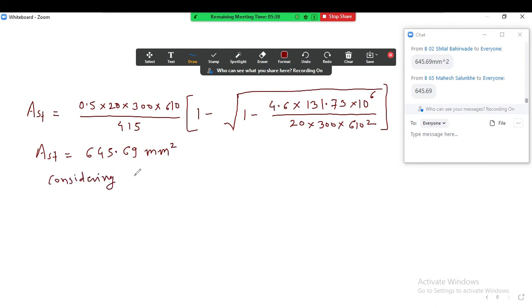Considering 20 mm bar diameter, the number of bars is equal to the total area of steel, 645.69, divided by the area of a single bar, pi by 4 into 20 square. So do it and let me know the answer.